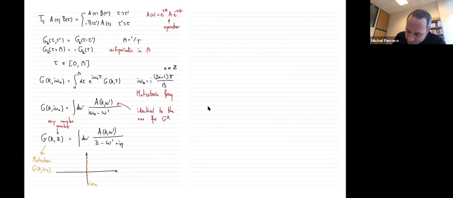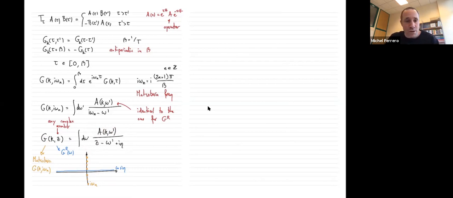And if I evaluate it just above the real axis, at omega plus I eta, in that case this is nothing but the G retarded of omega. So that's why those two functions are really the same. They all come from one general function, which is defined everywhere in the complex plane from the spectral function. And according to where you evaluate it, you can get either the retarded function or the Matsubara.